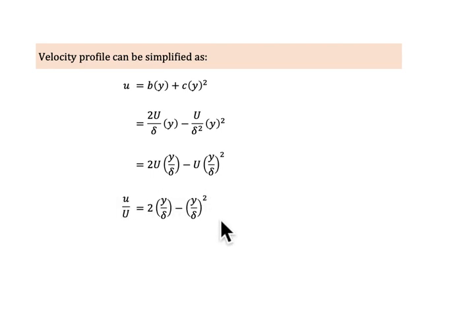This velocity profile is the same as the velocity profile that we discussed in tutorial question number 1. It means that the velocity profile for a second-order polynomial is actually constant in this equation.